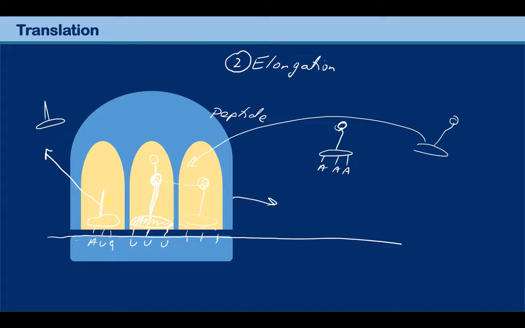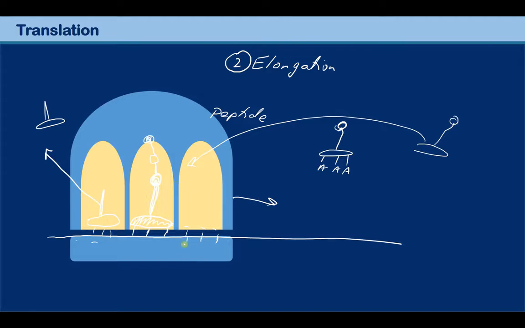And the whole process repeats. The whole ribosome moves over by one, the empty tRNA is kicked out again over the exit site. And then at the end, I'm going to erase this again, because everything moved over again by one, we will then have 3 amino acids connected here, and the whole process goes on.